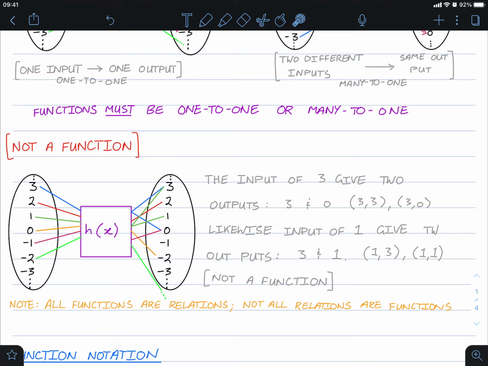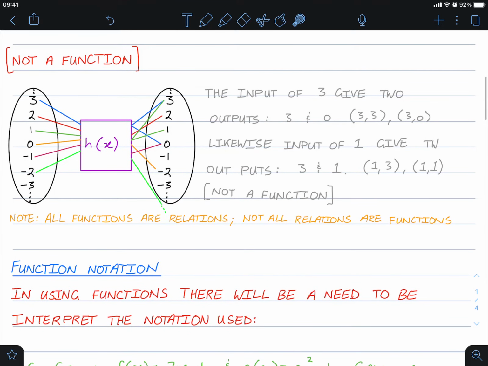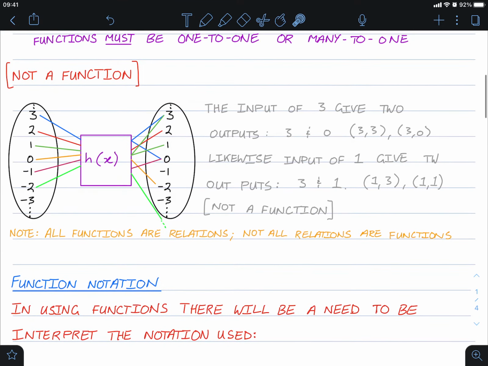That is no longer a function. Just to clarify, in case you're a bit confused, all functions are relations, but not all relations are functions. I think that's a point of confusion that many students have.